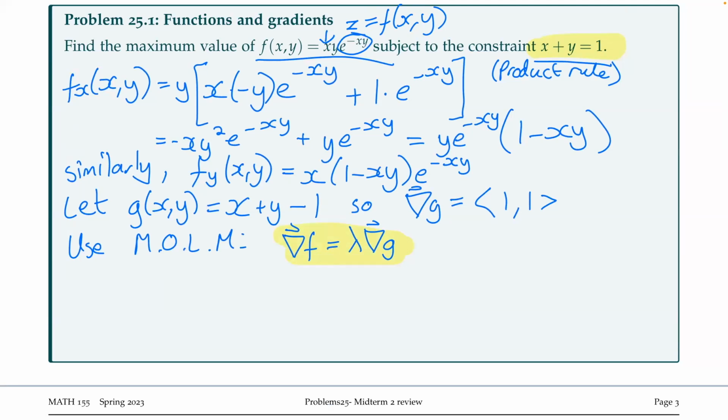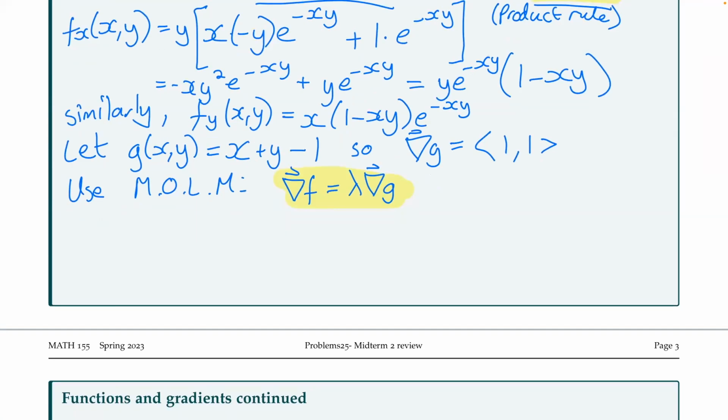We want to then eliminate our lambda, so we have an equation in terms of x's and y's, and then factor in our constraint. See what you end up with. Have a go at working through that to find your x and y that satisfy this question, and then to find the maximum value of this function, you plug those values back into the function. I'll walk around and answer any questions.